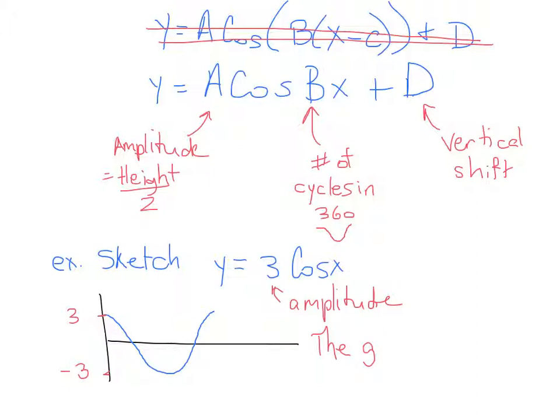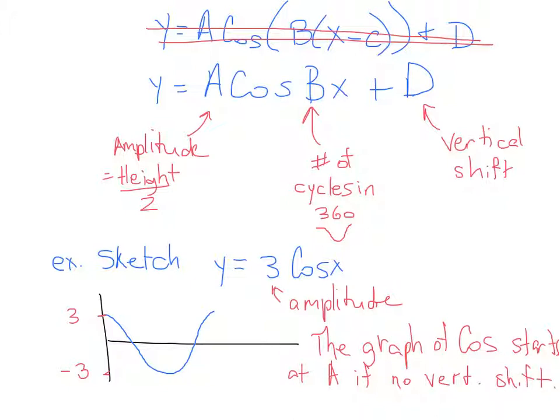The graph of cosine starts at A if there is no vertical shift. And I'm just going to say "if no vert shift." Again, the graph of cosine starts at the amplitude if there is no vertical shift.